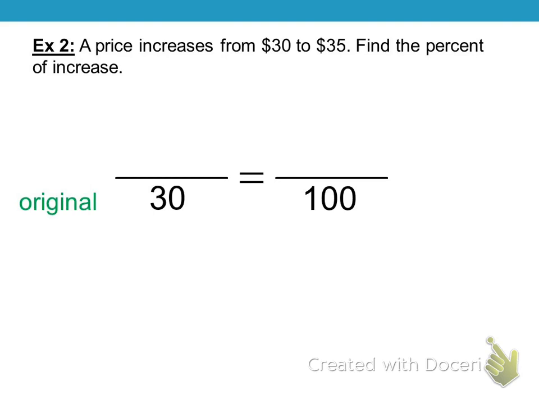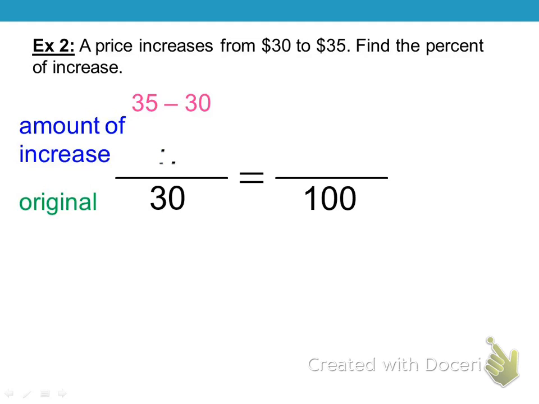The increase. So I want the amount of the increase. If it went from 30 to 35, what's the increase amount? 5. And then what goes above the 100? X.